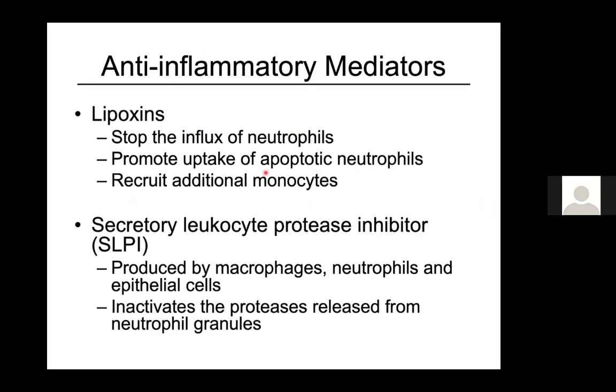They come to the tissue, become macrophages, and phagocytose any damaged, dying cells, so they're removed and the tissue goes back to normal. You also have secretory leukocyte protease inhibitor. As you can see, it's a protease inhibitor, and it's important in inactivating the proteases released from the neutrophil granules.